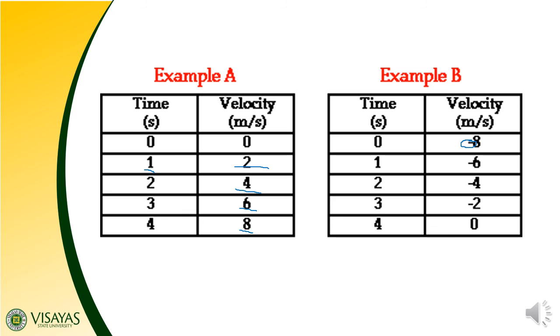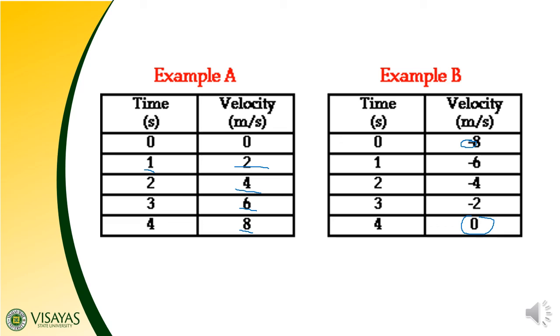So this negative sign is an indication of the motion of an object in the negative direction. And the object is slowing down until it comes to a stop, as indicated by this velocity of 0 meters per second. So the object came to a stop, meaning the object slows down.